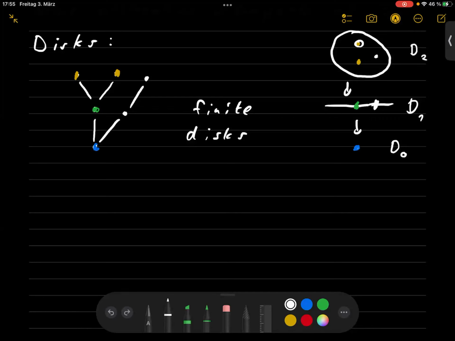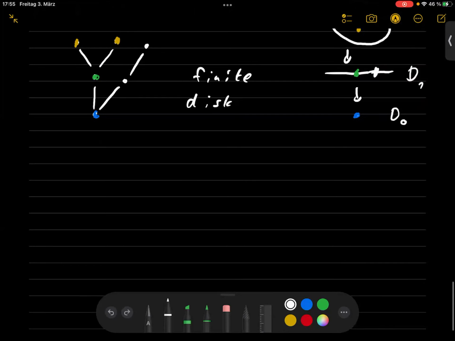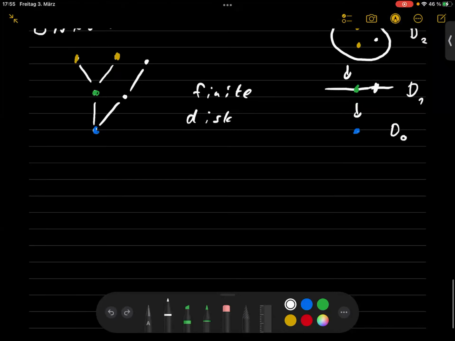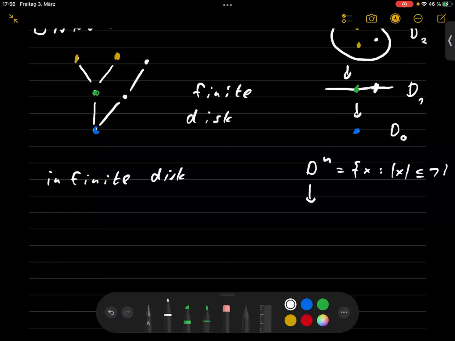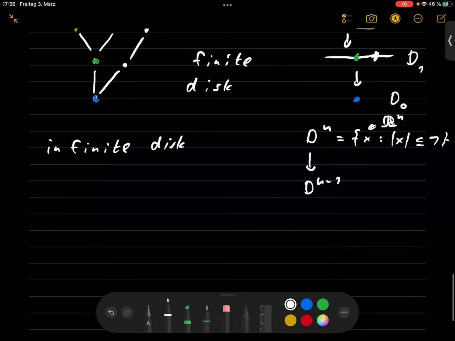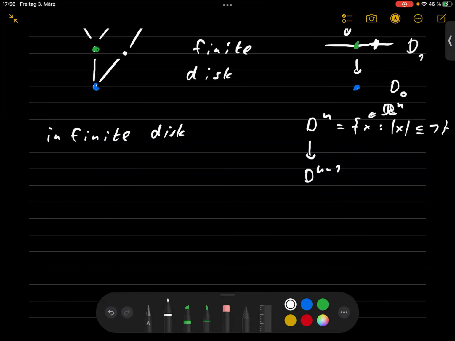But if we do an example of an infinite disk, it may be a bit easier to see what happens. Let's take as nth part the ordinary Dn, the space of all points x living in R to the n. This projects down to Dn minus 1 by ignoring the last coordinate and so on.